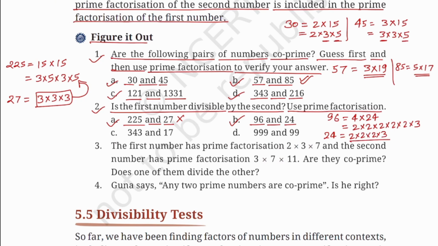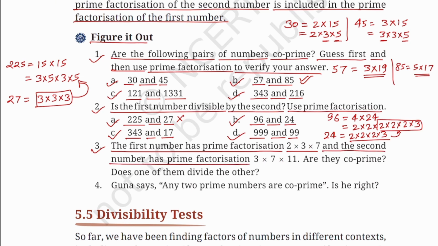You can see 2 into 2 into 2 into 3 is included here. So you can say 96 is completely divisible by 24. Similarly, you can find C, 343 and 17, D, 999 and 99.